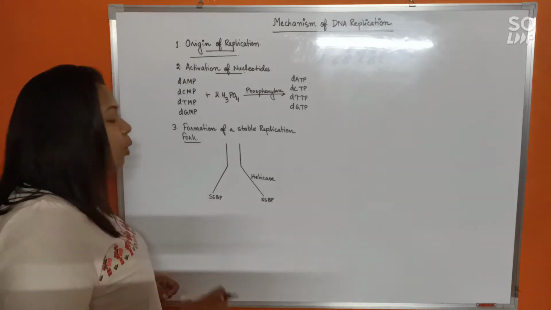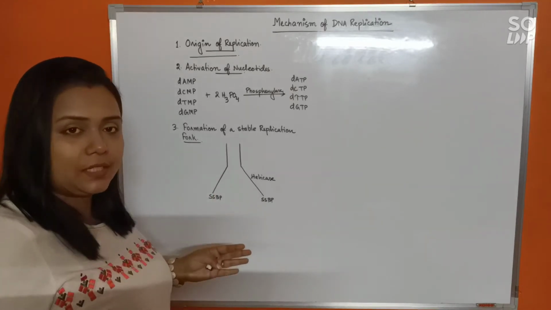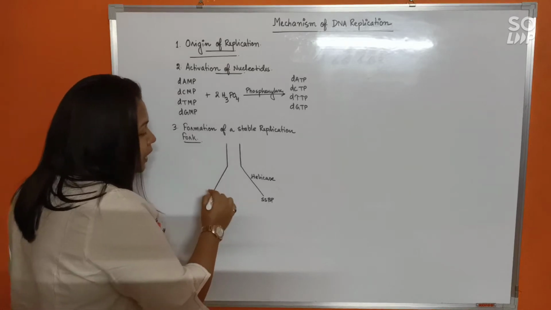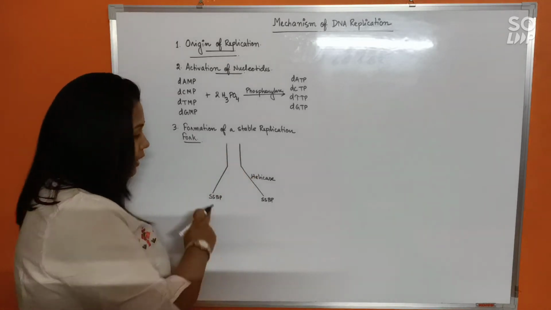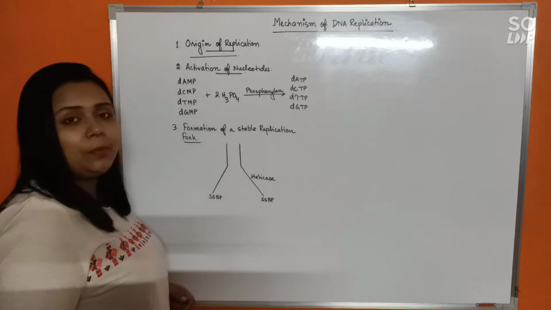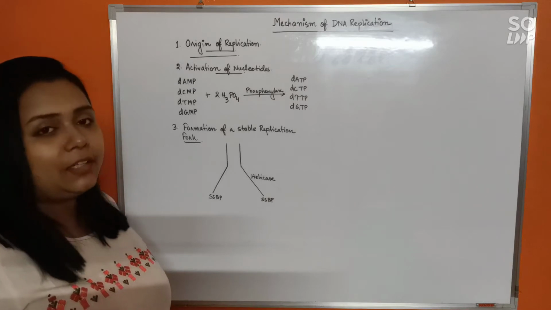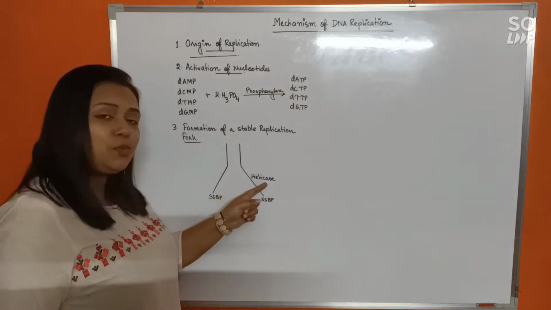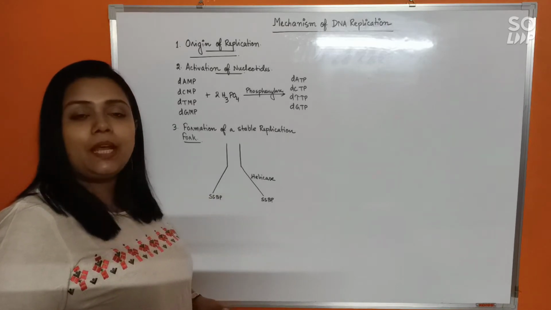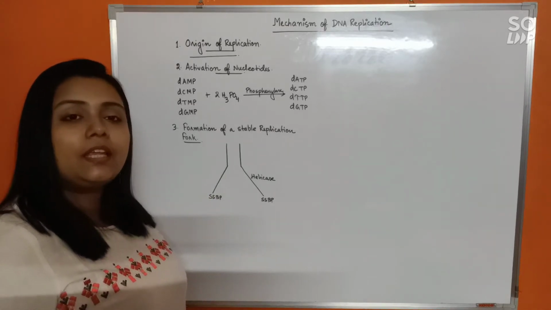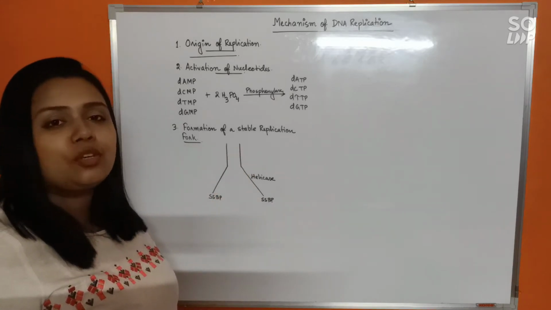Also, when the two strands are separated, the DNA helix looks like a Y-shaped structure. This Y-shaped structure is known as replication fork. So helicase will unwind the DNA helix and SSBP will stabilize the separated strands, giving rise to a Y-shaped structure that's called replication fork.